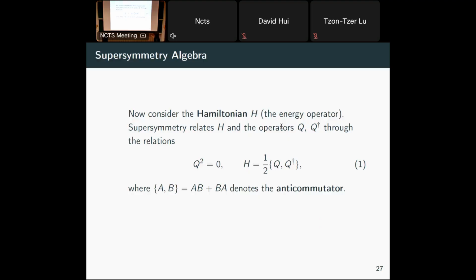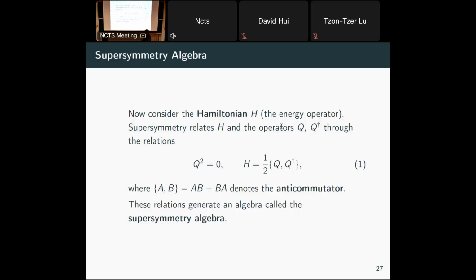Now for this Hamiltonian, which is energy, there are these two relations: Q squared should be 0, and the anti-commutator of Q and Q dagger should be twice the Hamiltonian. That relation generates an algebra, which is called the supersymmetry algebra.